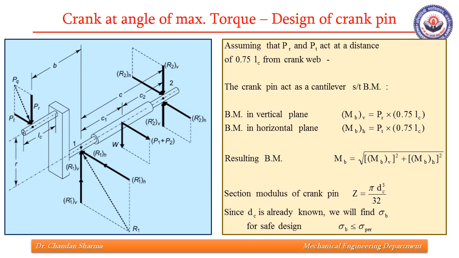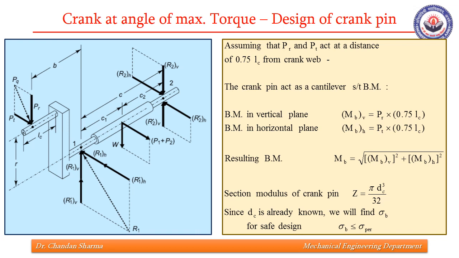Now, since we have found what are the reactions at bearing 1 and 2 due to the changed state of loading, our next job is to find the design of crank pin. In fact, we have already found what is length and diameter of crank pin.